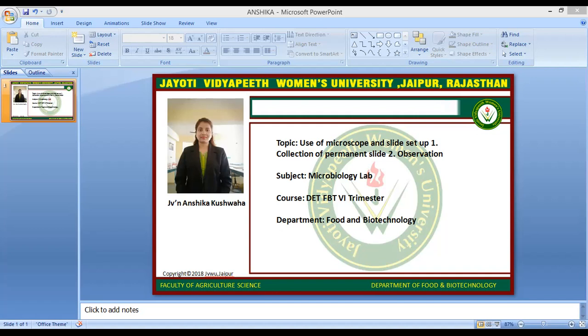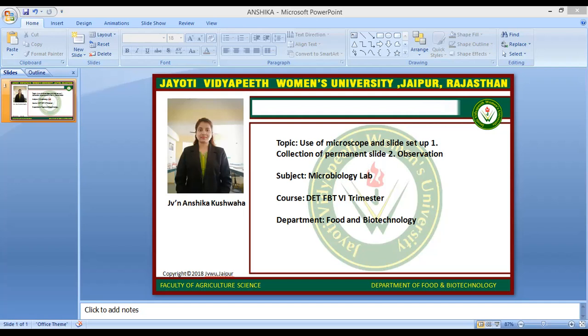So now we will discuss the types of microscope. There are the following types of microscope: bright field microscope or light microscope, dark field microscope, phase contrast microscope, fluorescence microscope, and electron microscope. So what is bright field microscope or light microscope? Light microscope forms a dark image against a brighter background, hence the name bright field microscope.